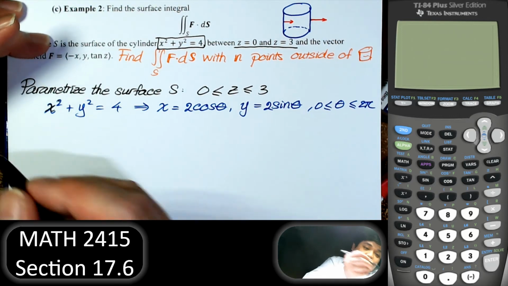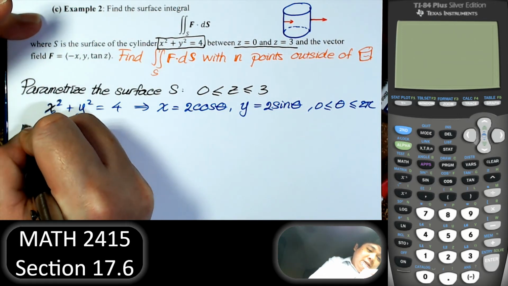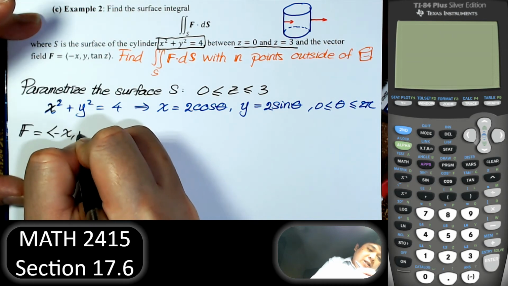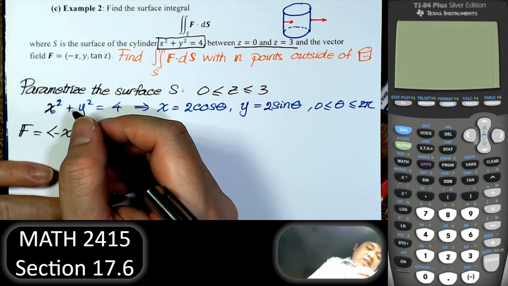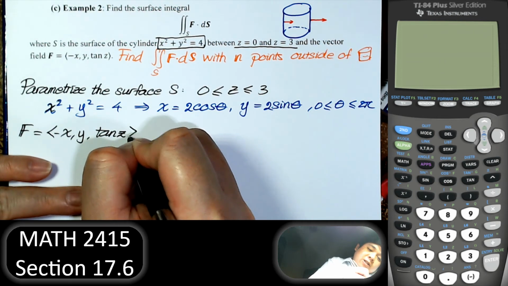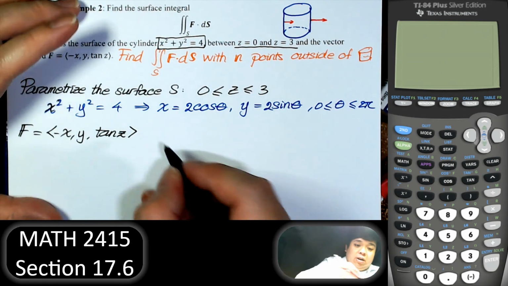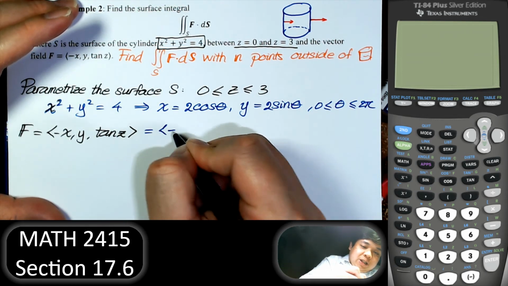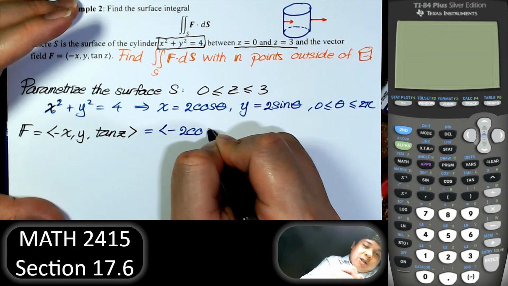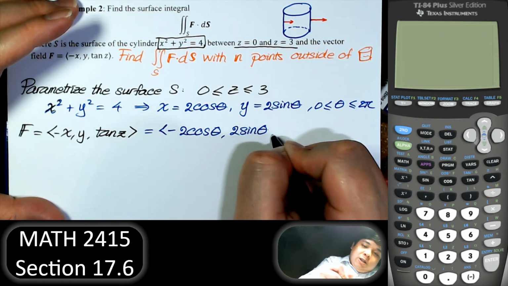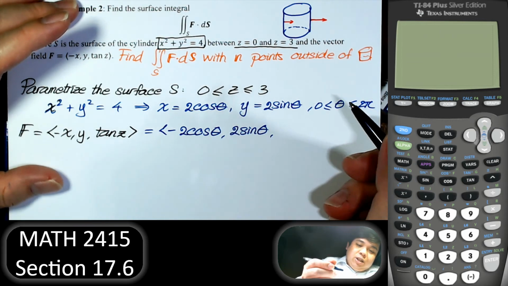Right. Next, the vector field: negative x, y, and tangent of z. In terms of these parameters, theta and z: negative 2 cosine theta, 2 sine theta, and z is still z.